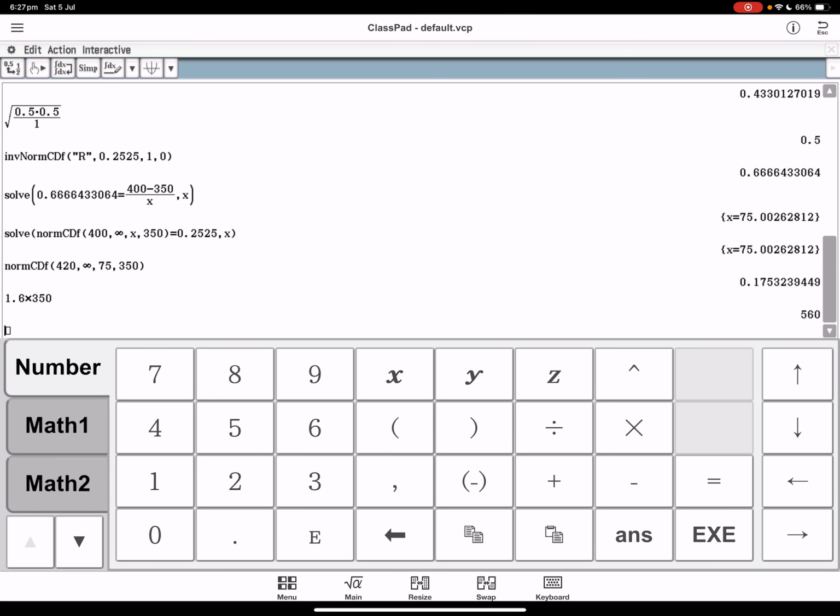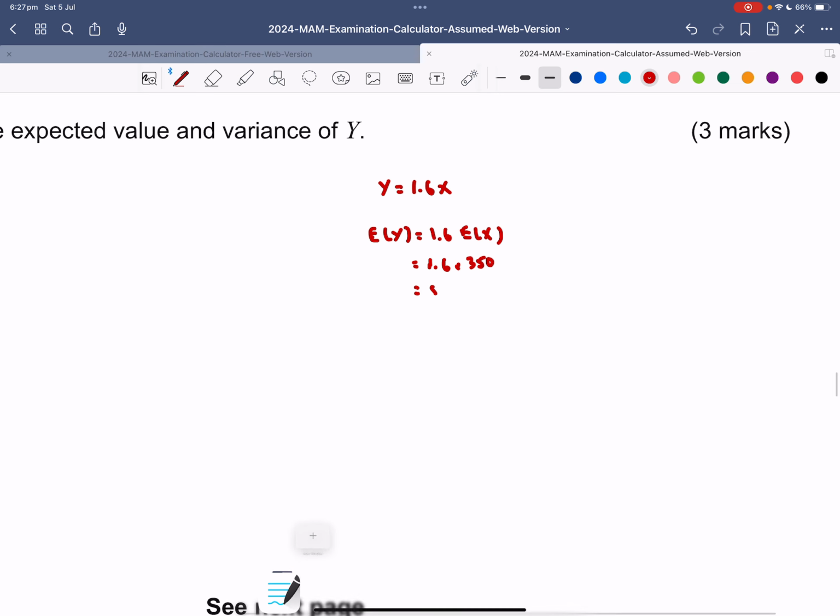It gives us 560. And as soon as I wrote that, I was thinking, how is that possible? How is it possible that the expected value is 350 kilometers, but at the same time 560 miles? That's like even more, all right? 560 miles is a big, big, big distance. And that's what I realized, that I've done this all wrong. This has been done incorrectly.